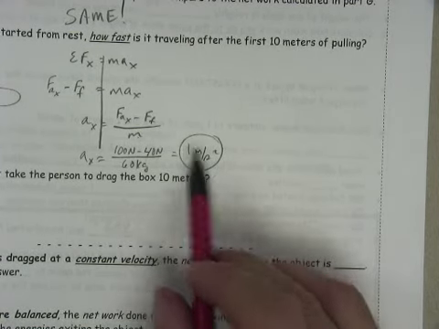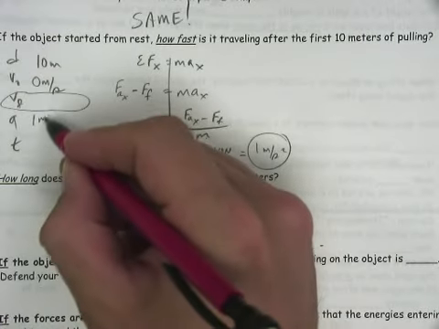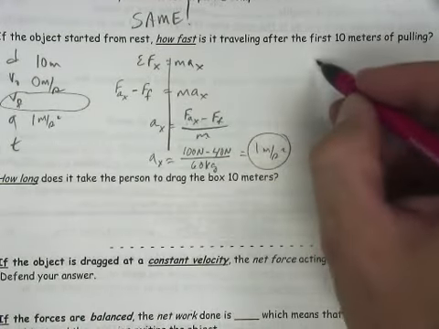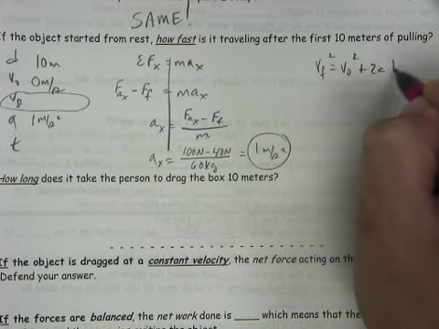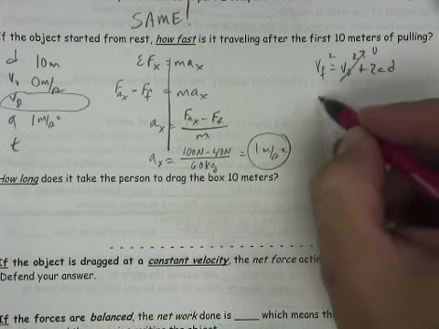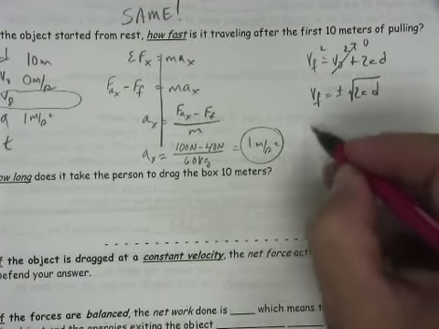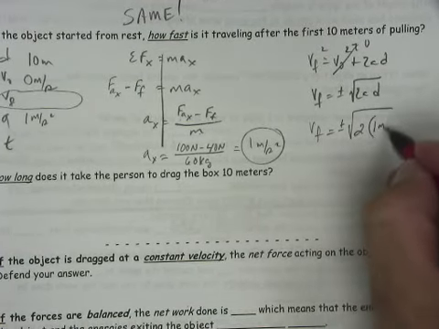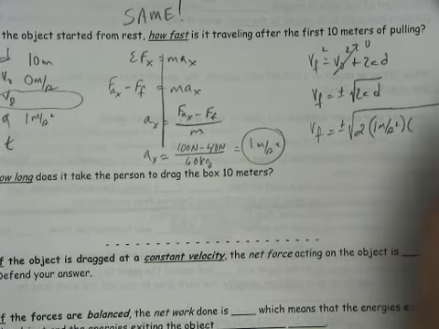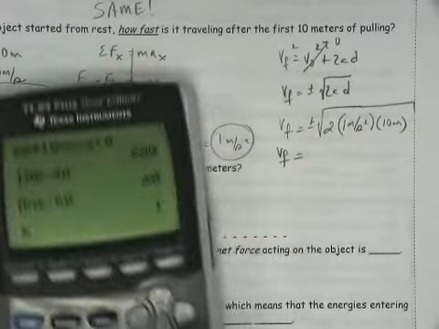Now, that's not the final answer, though. I thought it was. I want the final speed. So that's, ooh, hey, I got the acceleration. So I got 3 of the 5, so I can use the big 3. So I think I'm going to use this guy here. All right, let's give you a second to catch up.